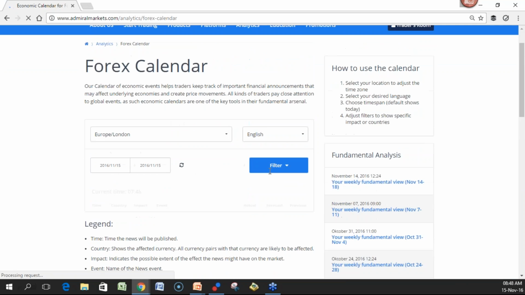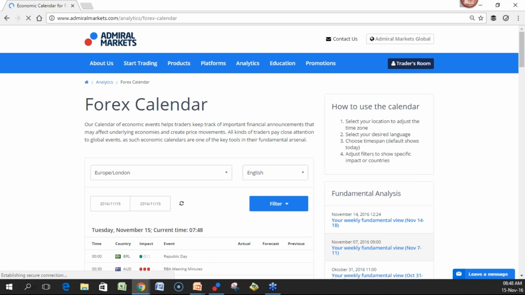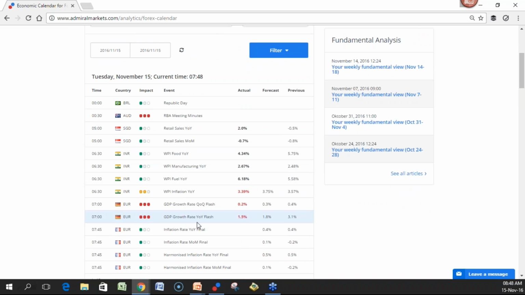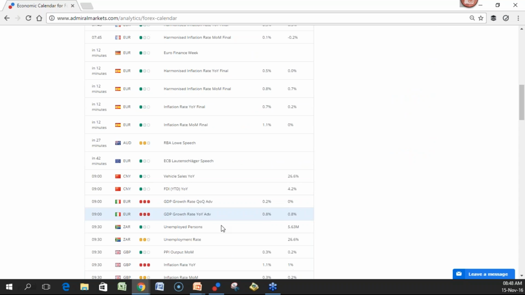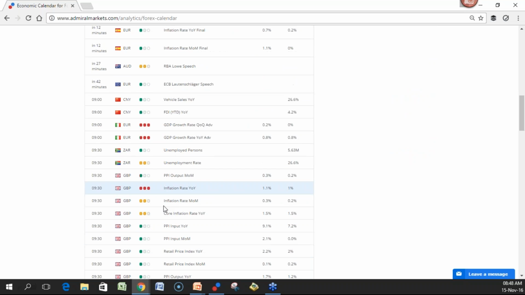Nanette and I also sometimes write about the fundamental analysis. You can see that here, that discusses some of those events that we expect this week. You see that there was some GDP growth in Germany in red numbers here, showing a bit slower growth than expected. And just check that out here, some other inflation rates expected on the pound.